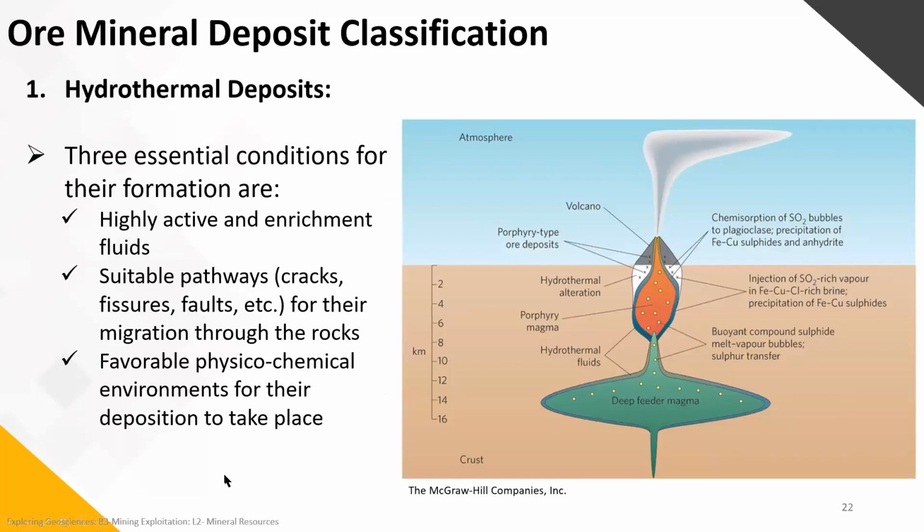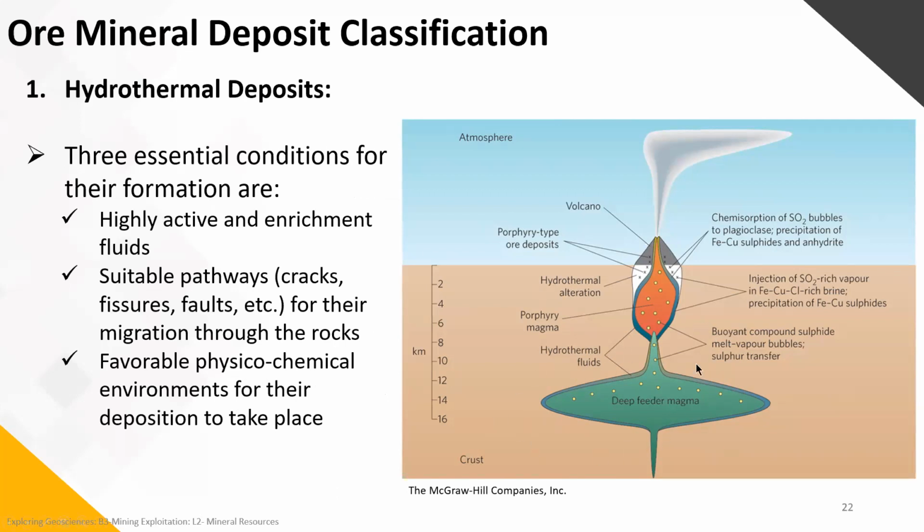we have the three central conditions for their formation. We have a highly active enrichment of fluids. We have suitable pathways, either cracks, fissures, faults, or a difference of porosities for their migration through the rocks, as we see here. And we have favorable physical and chemical environments for their deposition to take place.